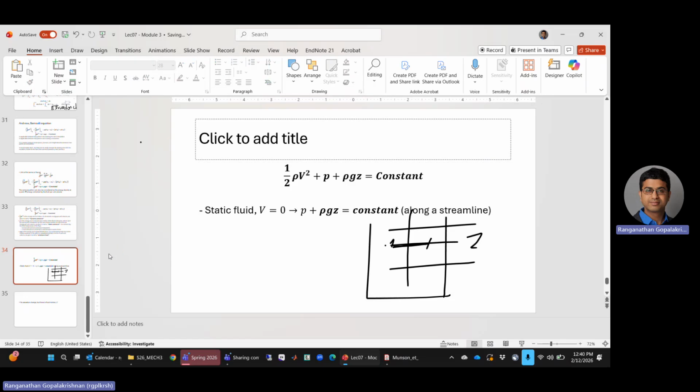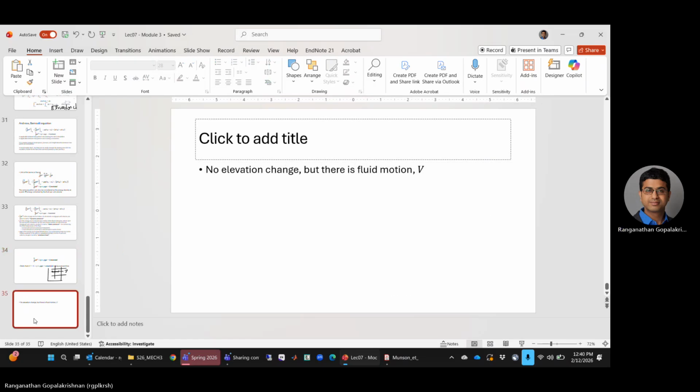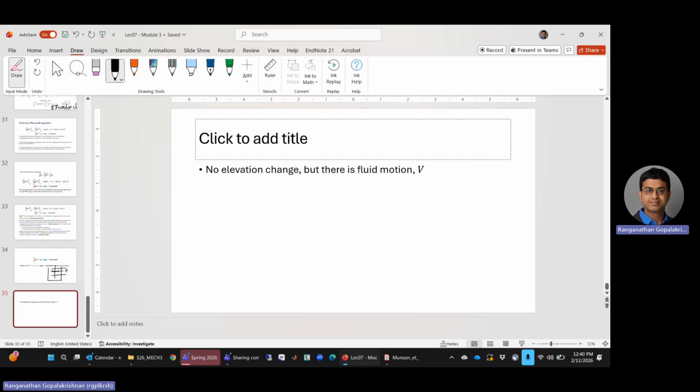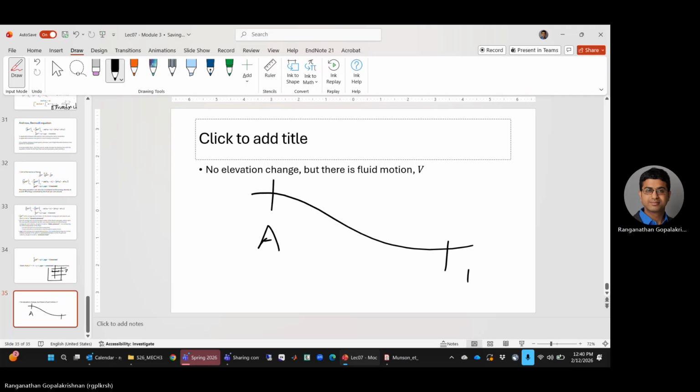Let me draw it here. I'm going to draw a streamline where I'm considering 2 points, but the elevation of these 2 points is one and the same.